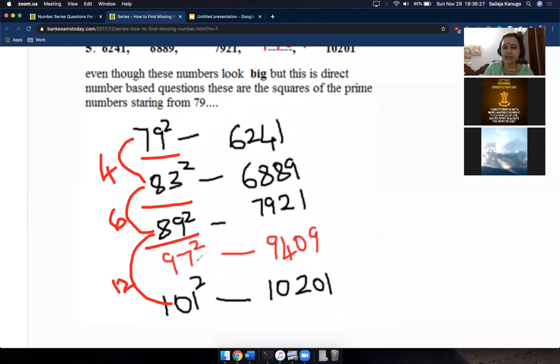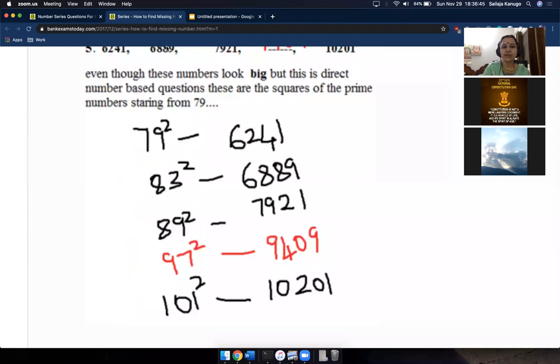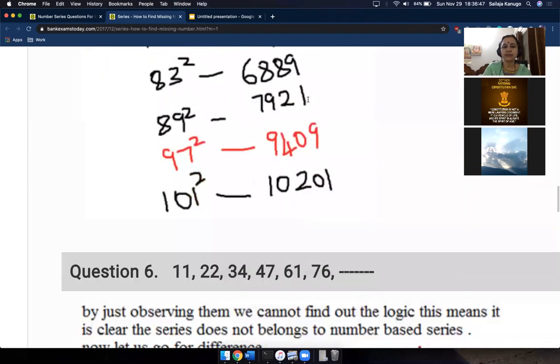So that's why we need to observe that it is again a prime number. So little carefully you have to do that.